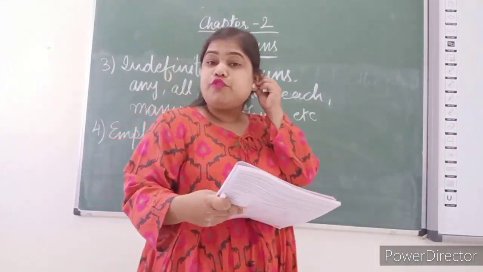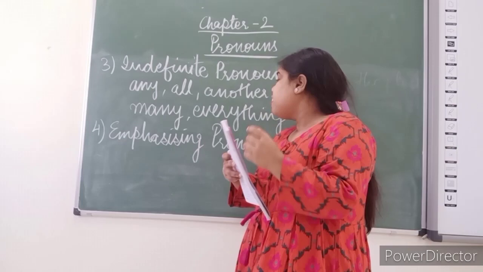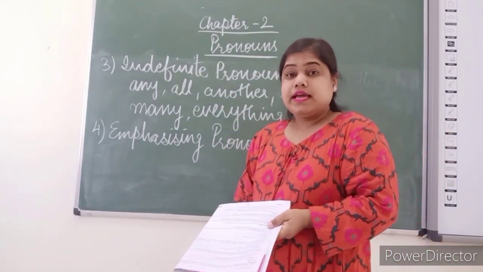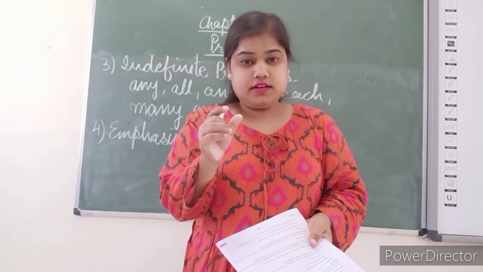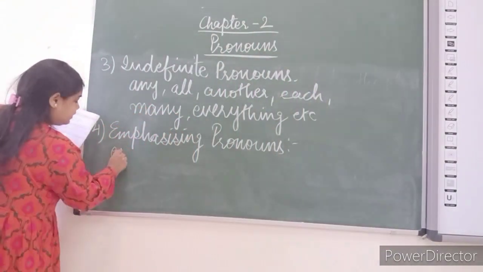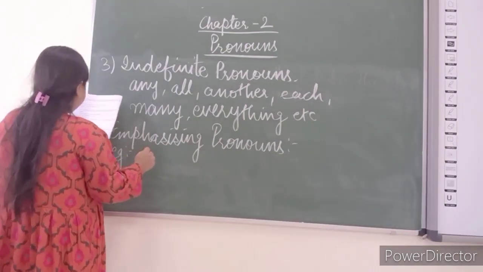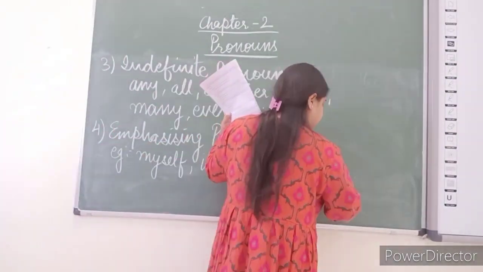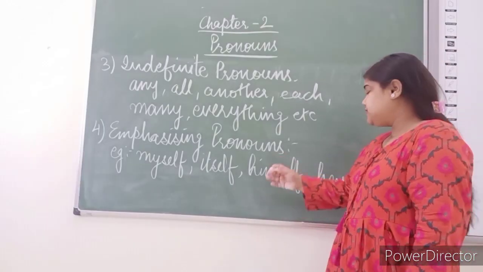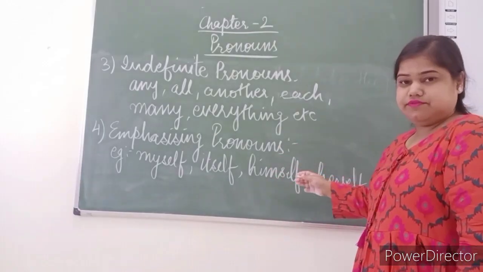Now, let's move to the fourth kind, that is emphasizing pronouns. Now, what are emphasizing pronouns? All the words which have self in them. So emphasizing pronouns are myself, itself, himself, herself.